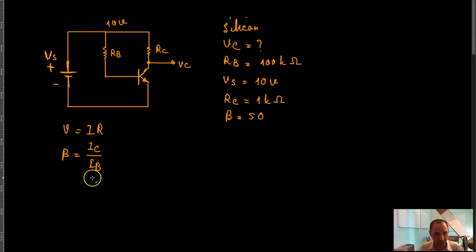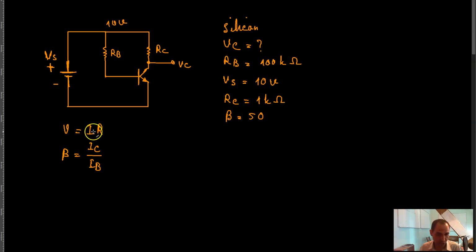Now, I already know what my beta is. If I can somehow calculate I of B, the current going through the base, then I will be able to calculate I of C. And that I of C would be this current over here.